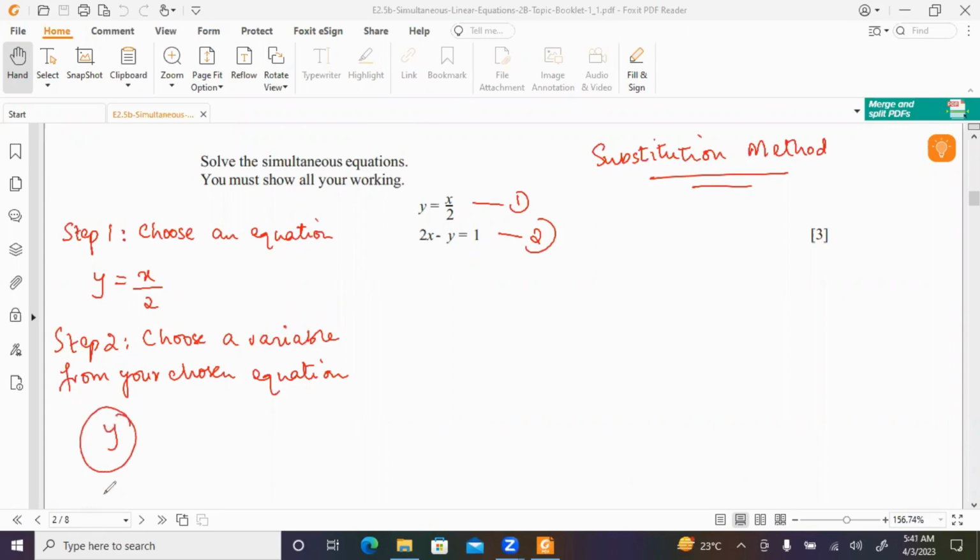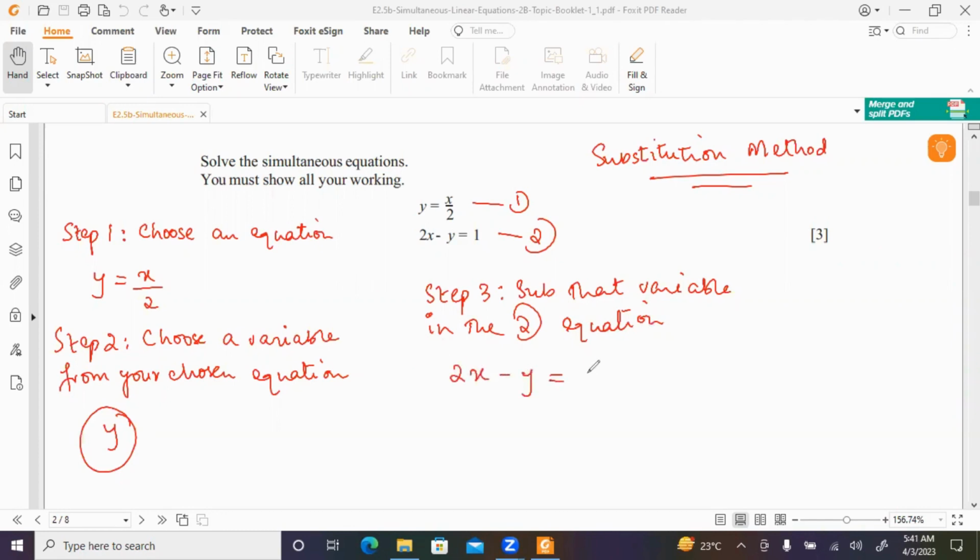Once I've chosen my equation and a variable from the chosen equation, I'm going to substitute that variable in the second equation. The second equation is 2x minus y equals 1.